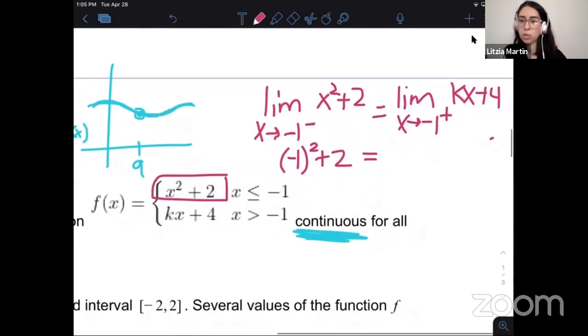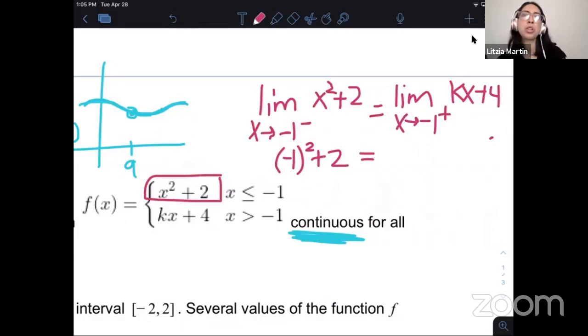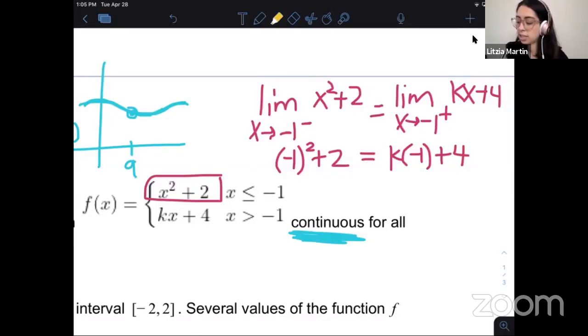Just direct substitution. So remember, when you have that little minus and plus symbol, that means left or right. If you're solving algebraically, you can just disregard that and do direct substitution. So this is going to be k times -1 plus 4, since x is what's approaching -1.